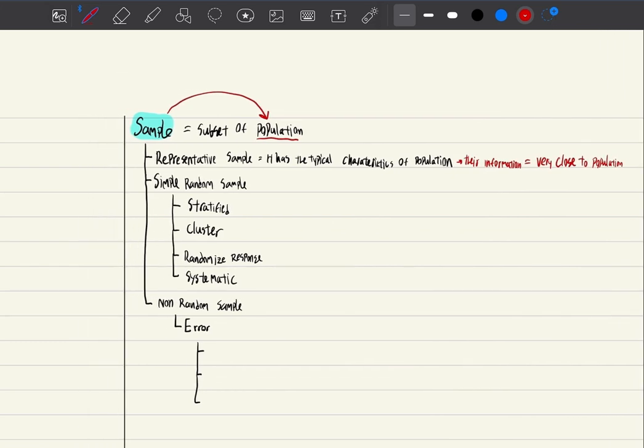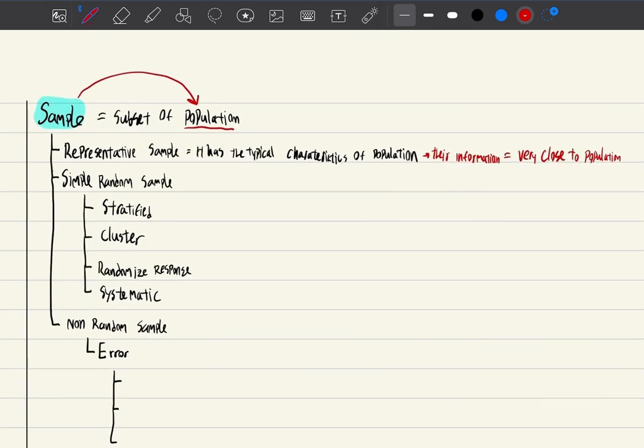This is the type of sample we want the most, and we can make a projection or prediction about the population with the most accuracy. Next is the simple random sample.